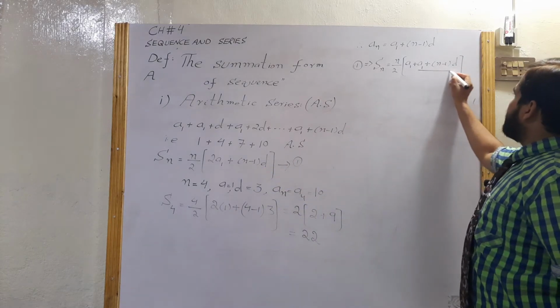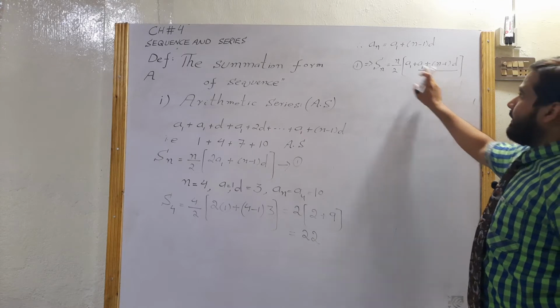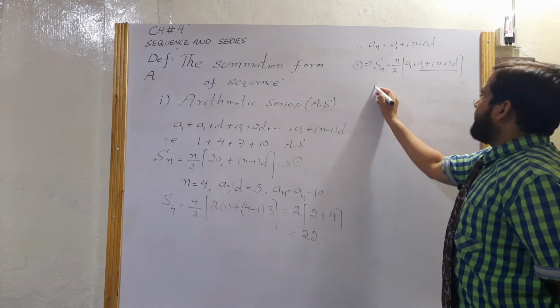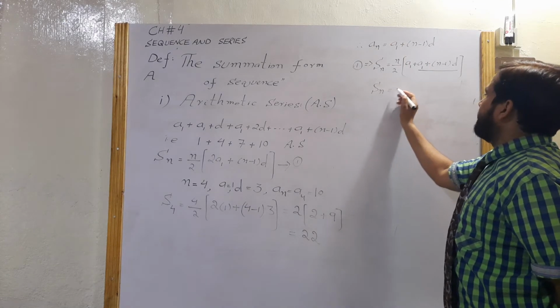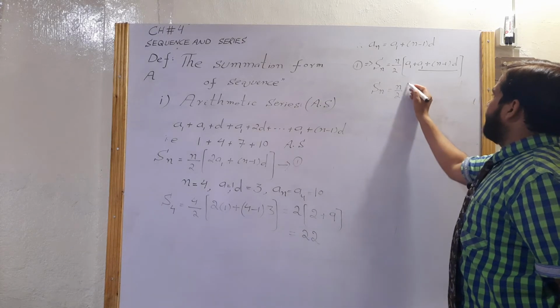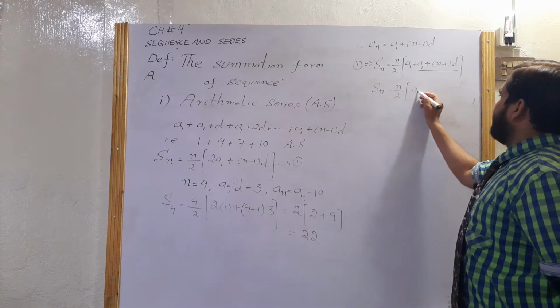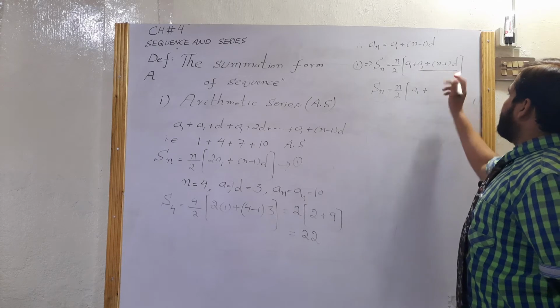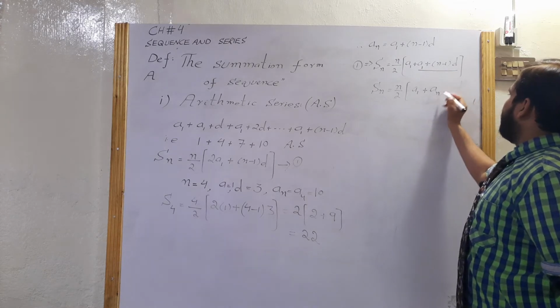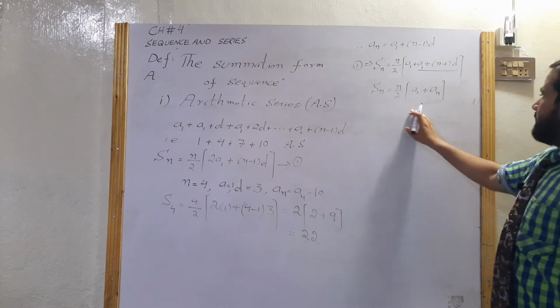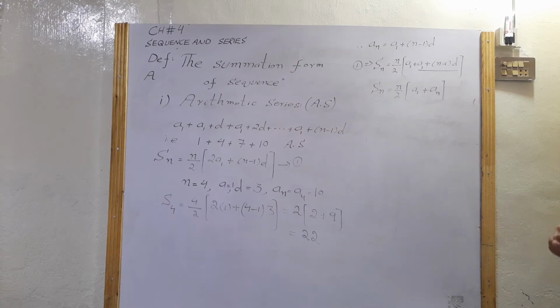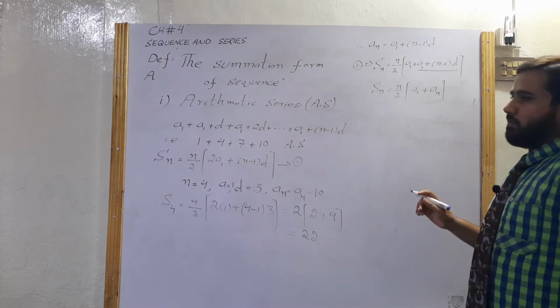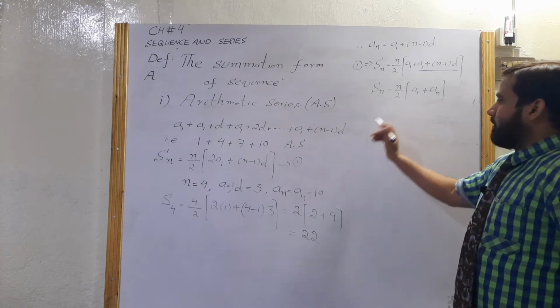Here this result is equal to the general term an. So Sn is equal to n over 2 times (a1 plus an).